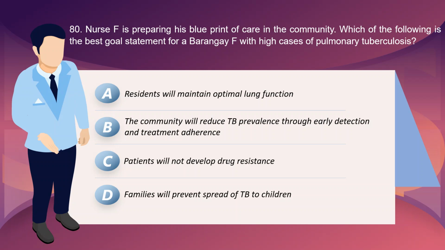It is also part of the evidence-based strategies that highlight case finding and adherence to treatment. Letter A, residents will maintain optimal lung function, is focused on the residents but not the entire community. Patients and families are part of the community, but our priority here is the barangay itself, the entire community. 80 is letter B.